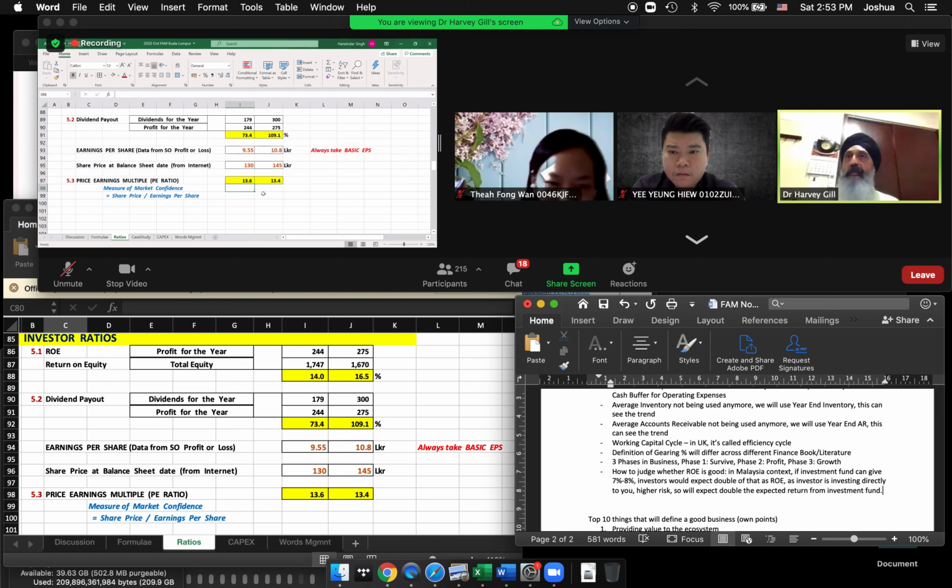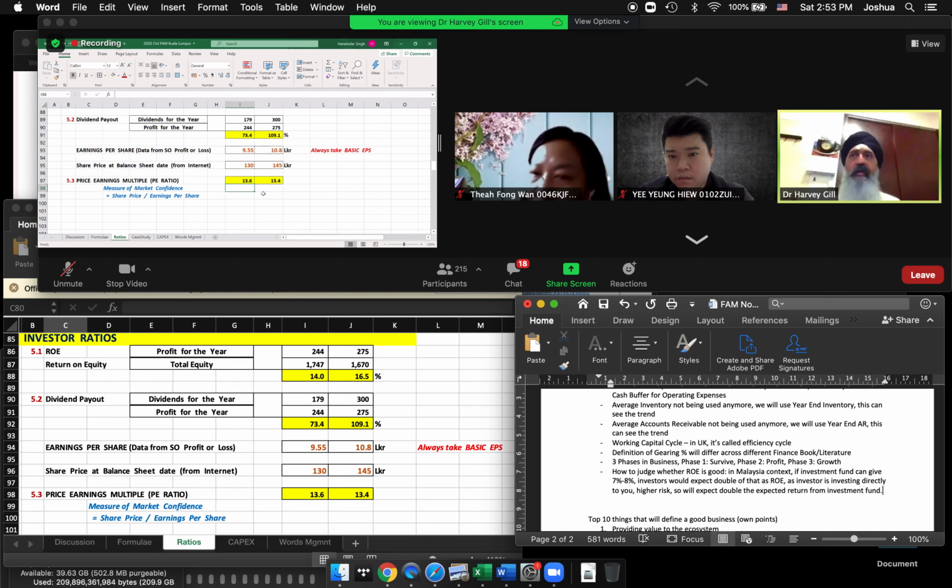Now PE ratios from a financial analysis perspective are generally a measure of general market confidence. So if the PE ratio of the company over the years is stable or improving, then you know the market respects the company. The market confidence in that company is very good.